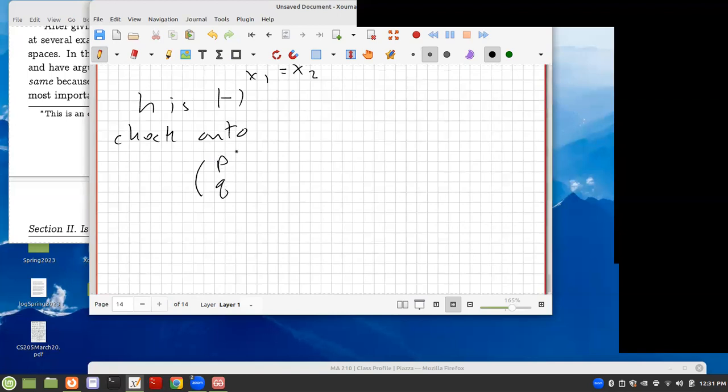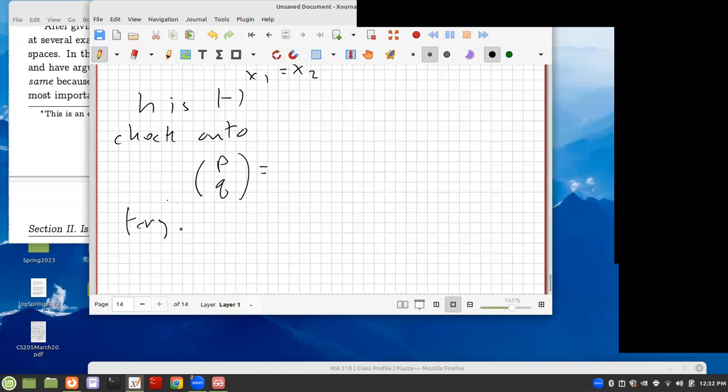Given (P, Q), we want to find an X and a Y that leads to it, so that it equals H of (X, Y).